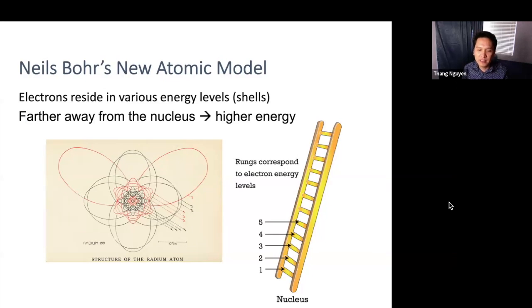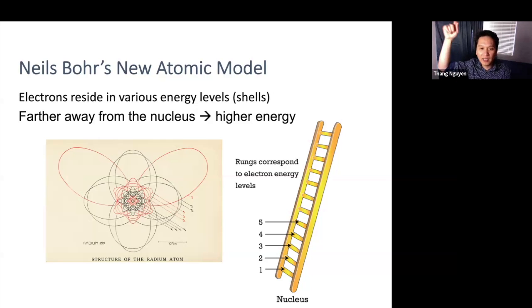Think about this in terms of a ladder. You have different rungs on the ladder: the first rung, the second rung, third rung, and so on. Think about that as an analogy for energy. If you're on the first rung, you have lower potential energy than if you're on the highest rung. How do we know that? If you're on the first rung and you jump down, you won't feel much.